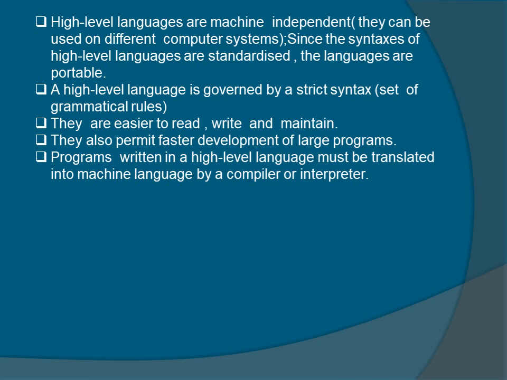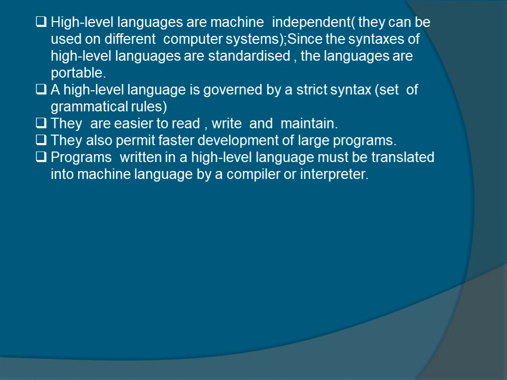High-level languages are machine independent. They can be used on different computer systems. Since the syntaxes of high-level languages are standardized, the languages are portable. Syntax should be standard, meaning the rules for writing the program are fixed. The language is portable, meaning we can execute the program on different machines. A high-level language is governed by a strict syntax, that is, a set of grammatical rules.